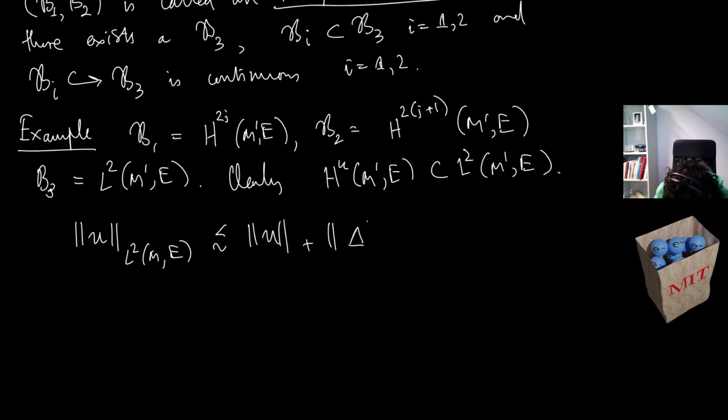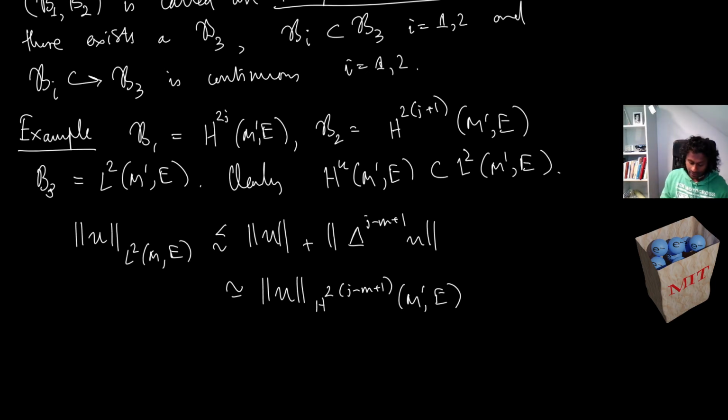This is J minus M plus 1, say, is my operator. Norm, as I wrote before, here I'm again using elliptic regularity, and this is going to be equivalent to the H to J minus M plus 1 M prime E norm. Again, this is elliptic regularity, right?